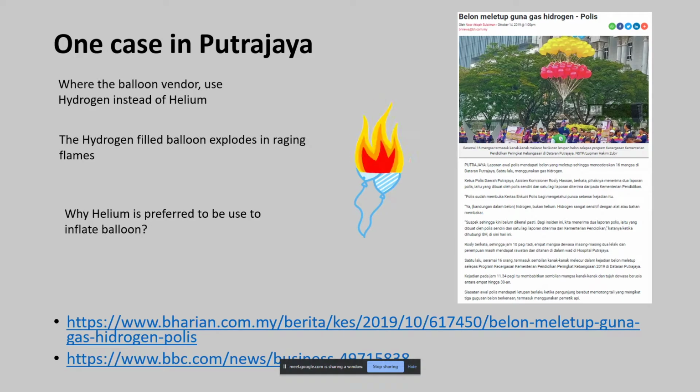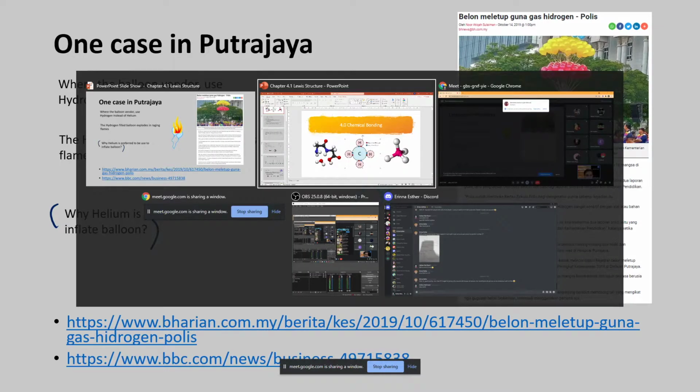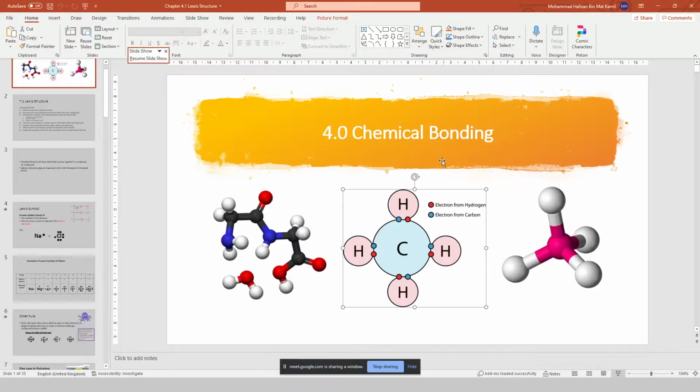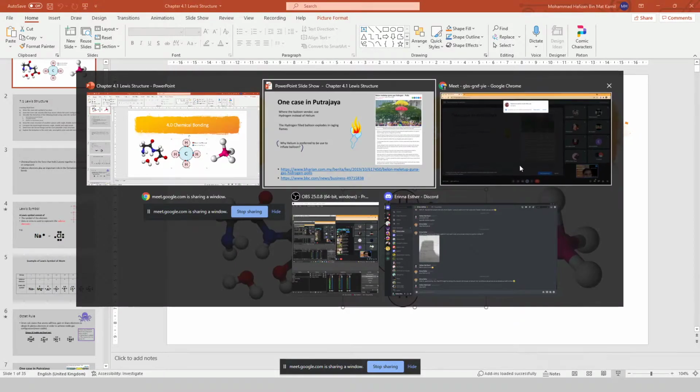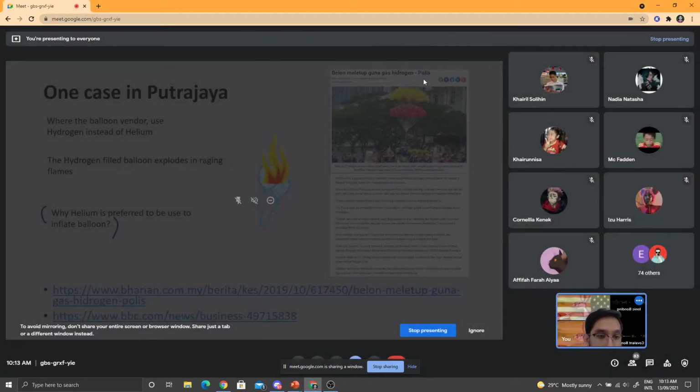Okay, there's one case where the vendors use hydrogen instead of helium. So the question is, kenapa kalau boleh kita nak guna helium? Sebab helium is a noble gas and dia tak nak react with any other atom. So it's actually very safe nak guna helium.